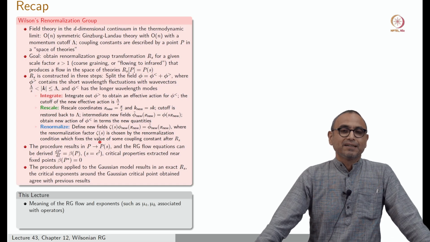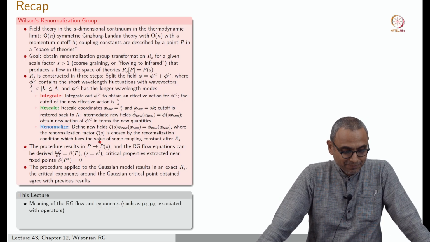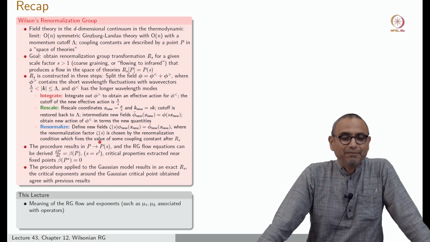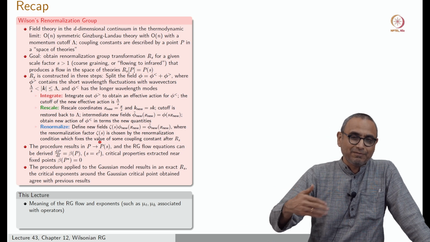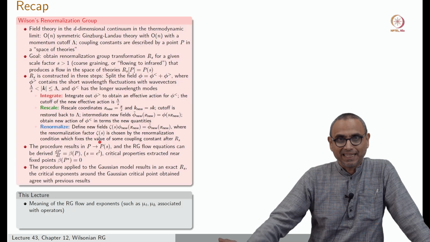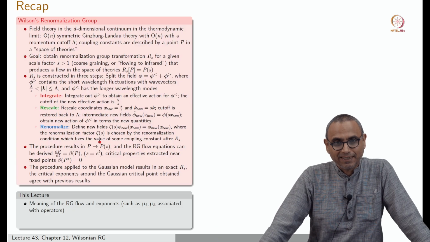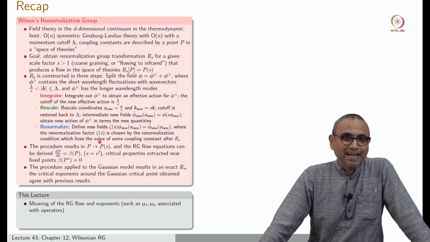Okay, what will we do in this lecture? Remember, last time we derived some flow equations for the parameter t, which produced a correlation length about the Gaussian fixed point, and we saw that the flow equation was dt/dl = 2t.